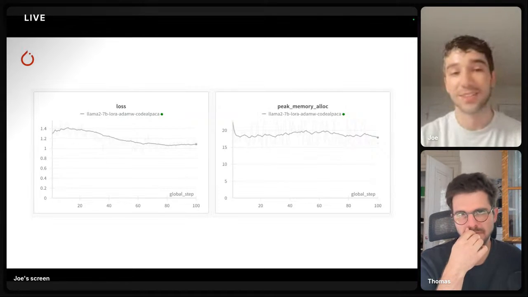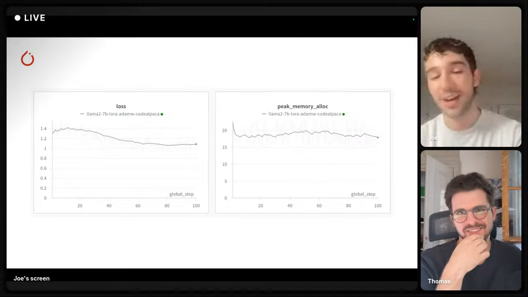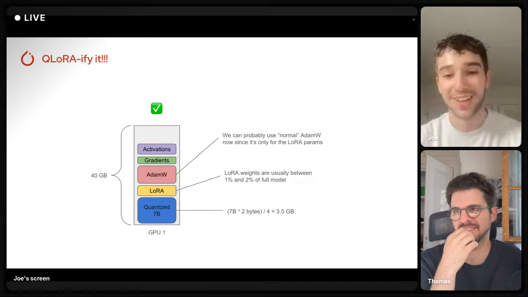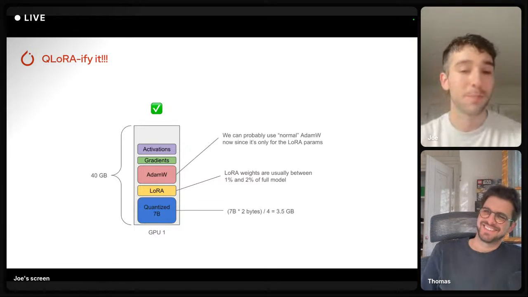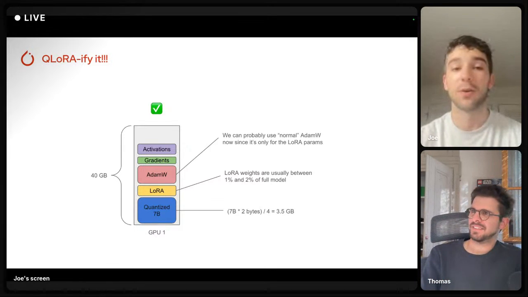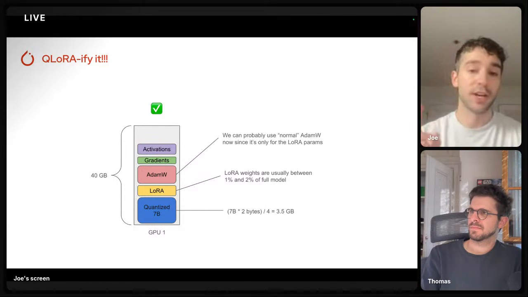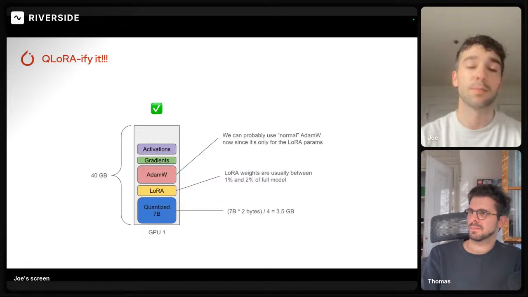But this isn't all that we can do. We can QLoRAfy it as well. So before I was talking about how 8-bit Adam quantizes or approximates the sort of storage of a 16-bit AdamW.